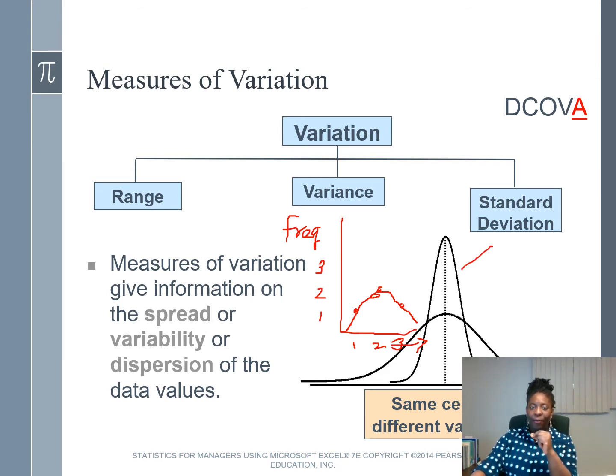But you can see from here that the higher data set has a smaller variation, whereas the one with the smaller middle, same mean, is spread out a little bit more. Again, think about this line here as a number line.